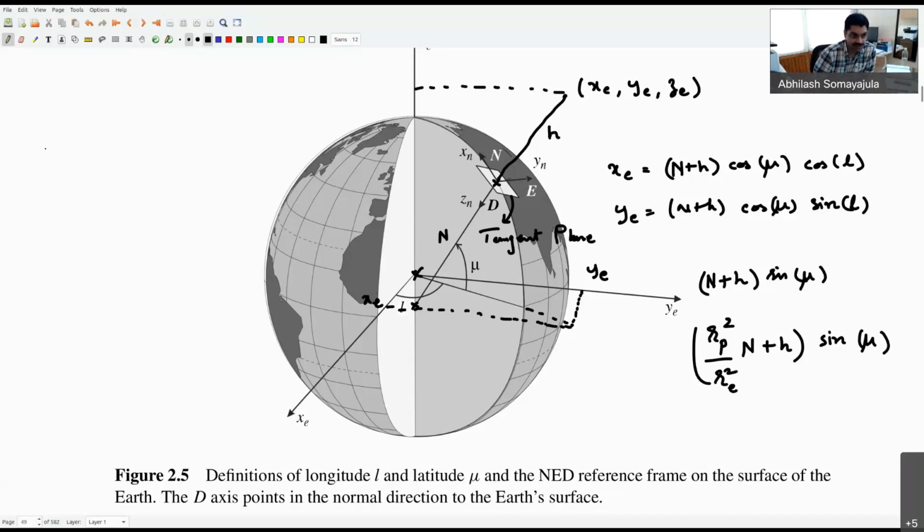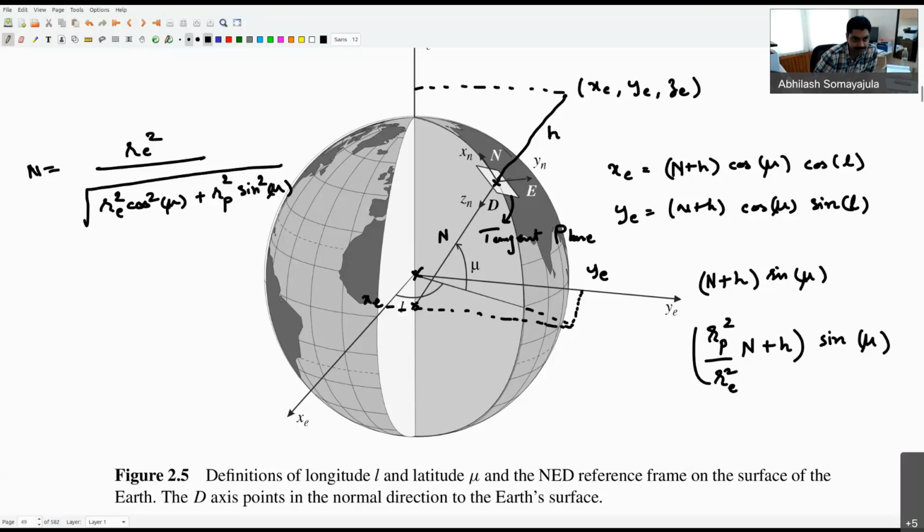Okay, N was given by re square by the square root of re square cos square mu plus rp square sin square mu. Right? Okay?